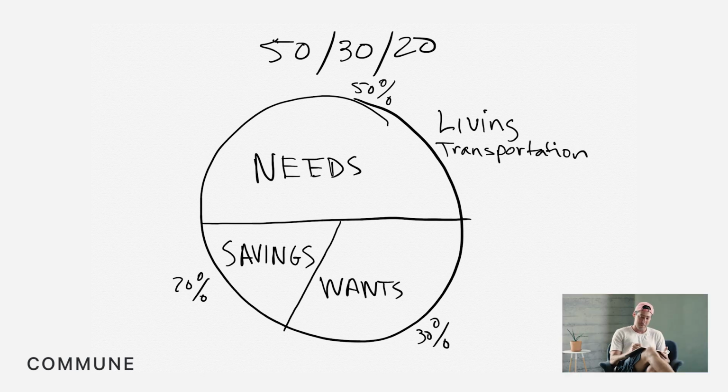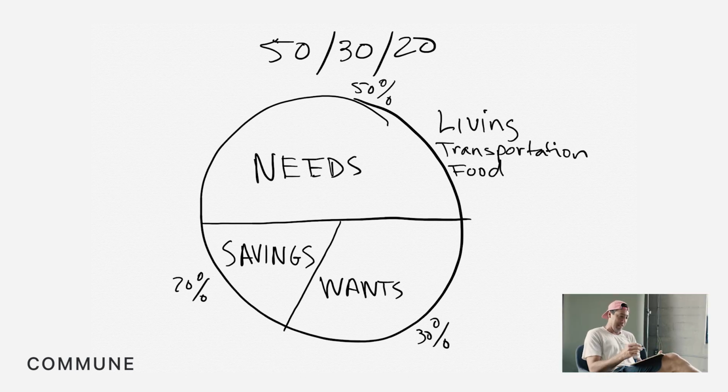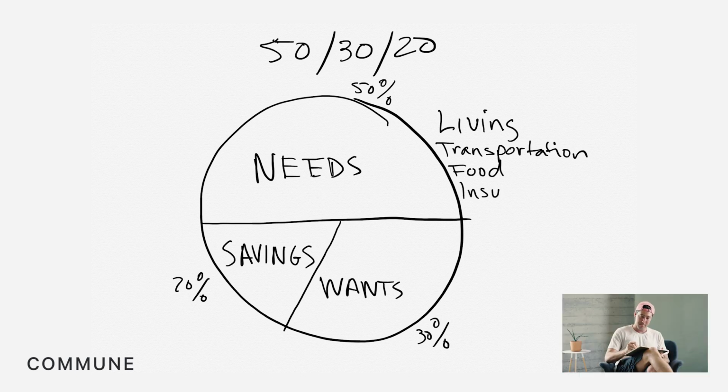Food, of course. What else are some needs that we need? Insurance. Utilities. So everything that we need to survive, our essentials. One thing that I think is important to include in needs is debt. Now the goal for all of us, if we're in debt, is to get out of debt as soon as possible.